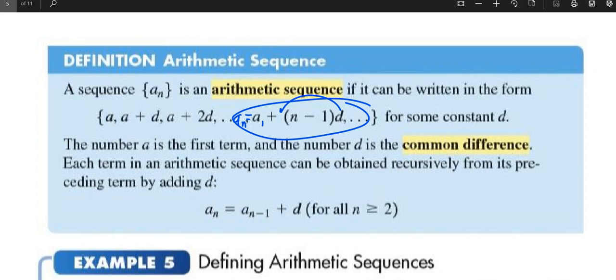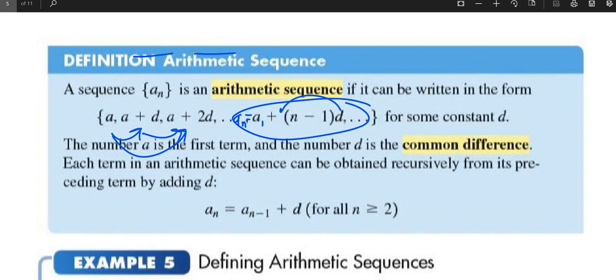But now I do see something that's important to you, and it's going to become important in other examples. To go from the first term to the second term, you add one of the constant differences. But if you were to ask me to jump from the first term to the third term, that's like taking 2 steps.